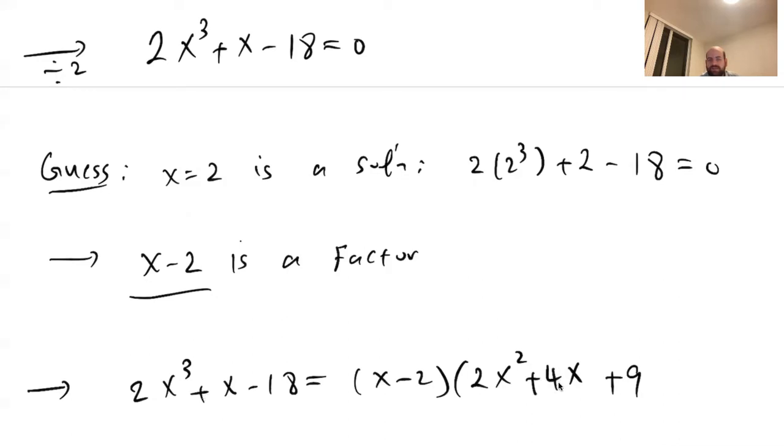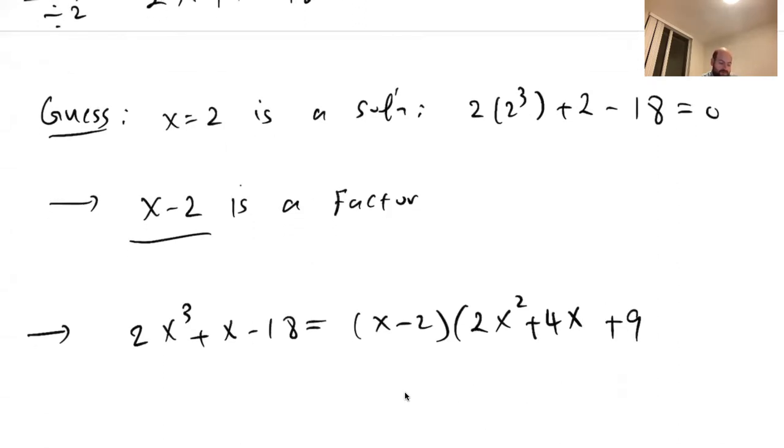I'm trying to guess the middle coefficient here. And the coefficient of x squared, which is 0 on the left hand side, should be automatically correct. Let's check. Minus 2 times 2x squared is minus 4x squared, plus 4x squared is 0x squared, which is consistent with the left hand side.